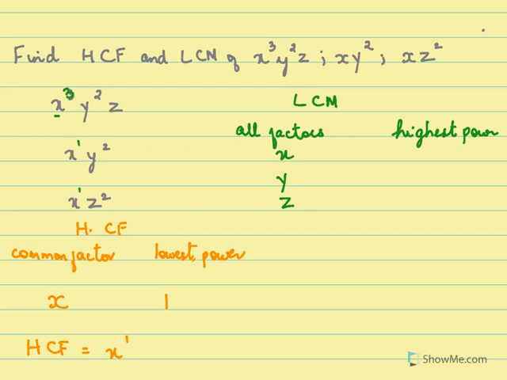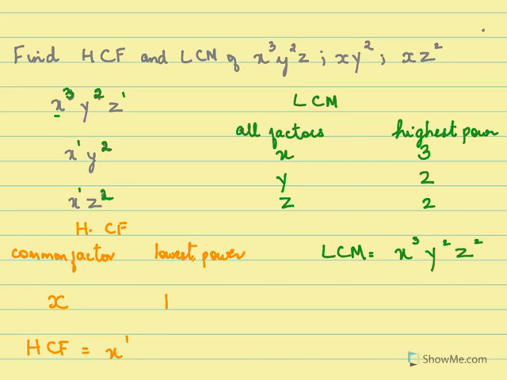For x, here it is 3, here it is 1 and it is 1. So the highest power is 3. For y, it is 2 here, it is 2 here, and here there is no y, so the highest power is 2. For z, it's 1 and it is 2, so it is 2. So the LCM will be x cube y square z square.